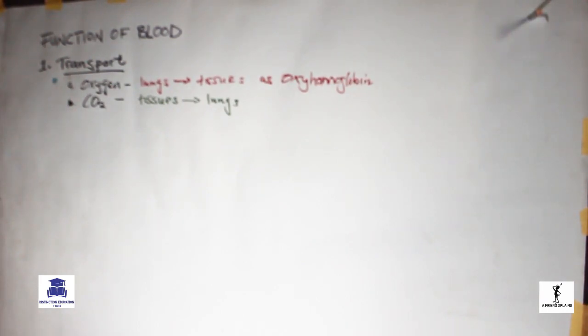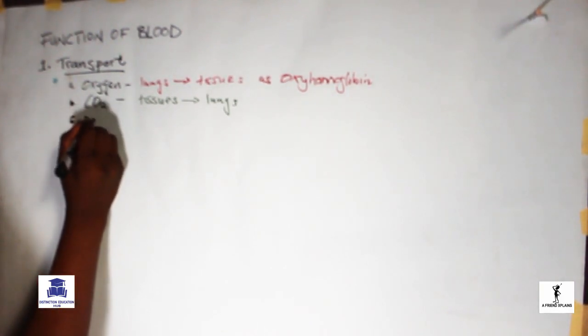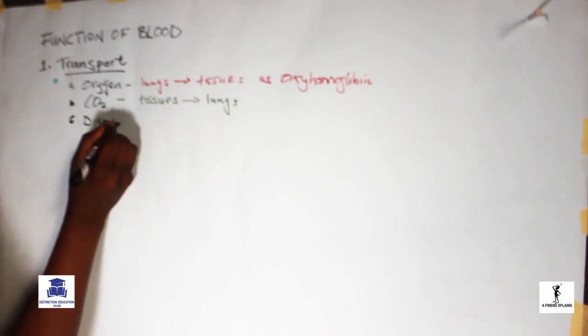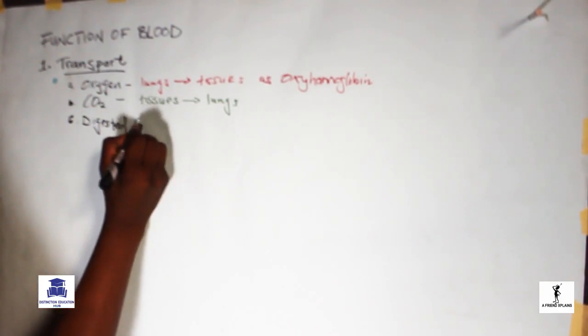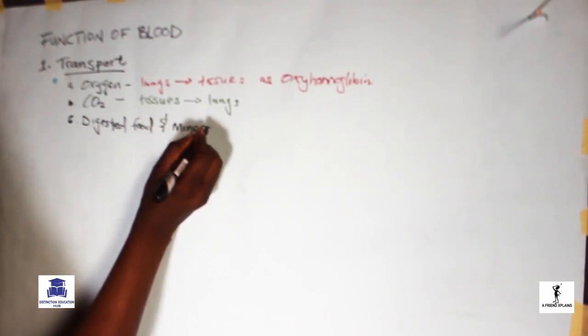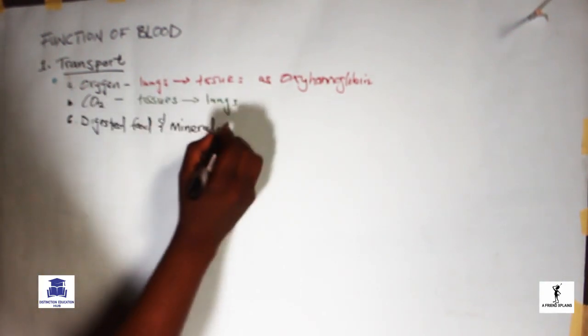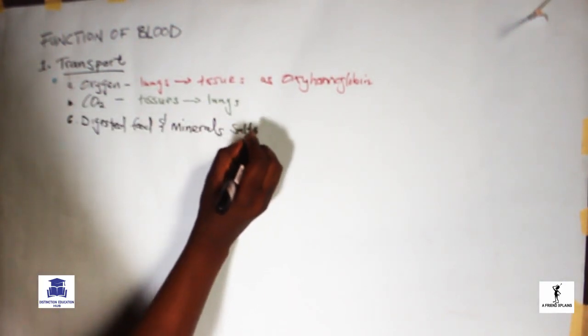Moving on, we can talk about digested food and minerals. Blood is used to transport digested foods and mineral salts.